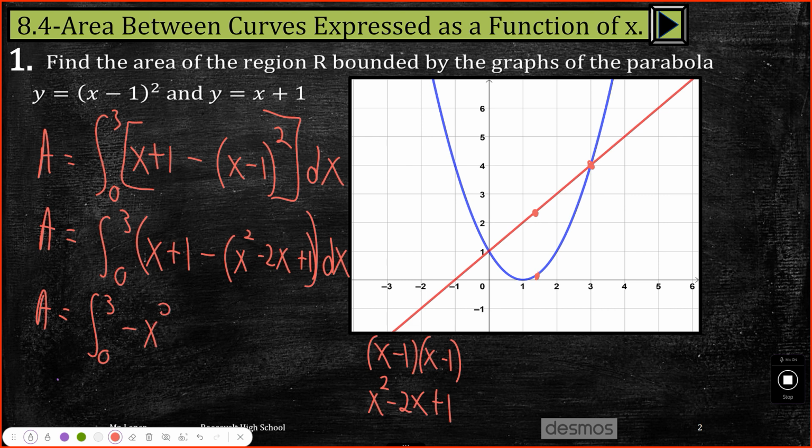Let's put the negative x squared first. Everything's distributed. Negative x squared. And then plus 2x, and then minus 1. And then we're going to put this x plus 1 in the back. x plus 1. And now this is all just algebra.